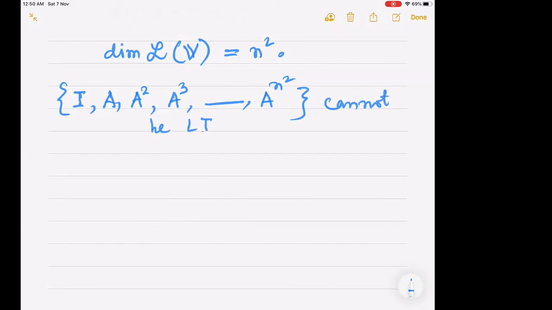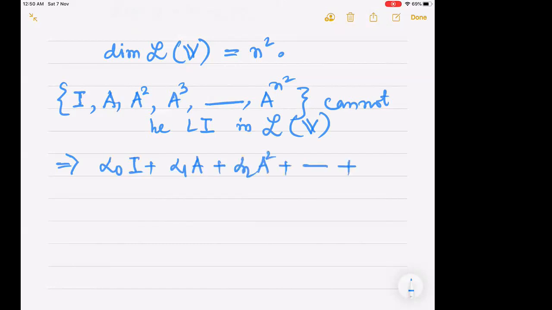There will be a non-trivial linear combination alpha 0 into identity plus alpha 1 into A plus alpha 2 into A squared plus dot dot dot plus alpha n squared into A to the n squared that goes to 0, and this is a non-zero polynomial.